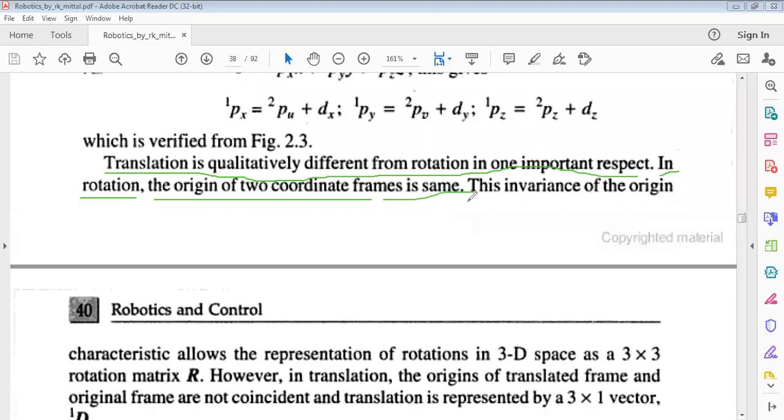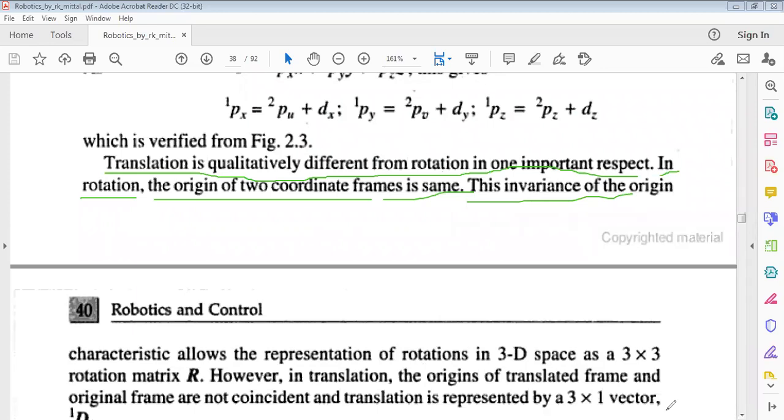This invariance of the origin allows the representation of rotations in 3D space as a 3x3 rotation matrix. But in translation, the origins of the translated frame and the original frame are not coincident. In that case, the translation is represented as a 3x1 vector.